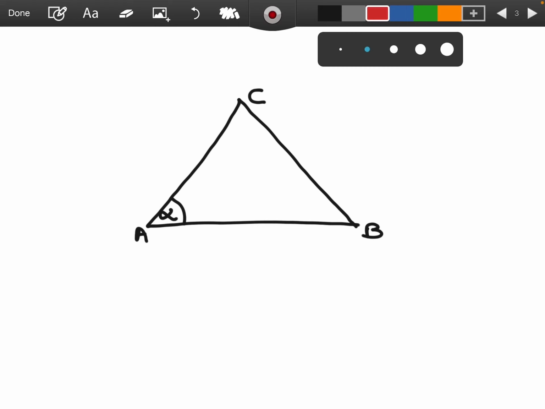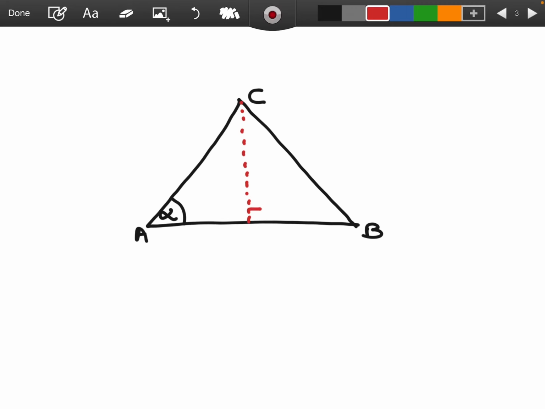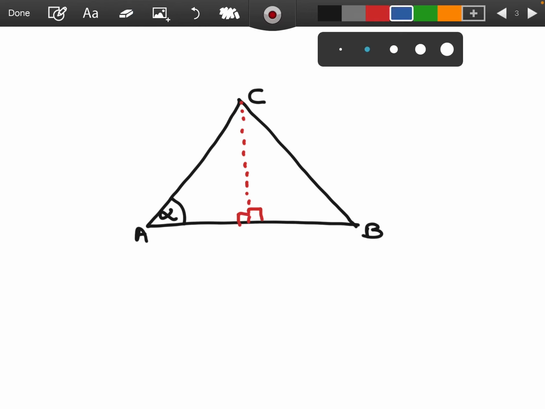Because this triangle doesn't necessarily have a right angle in it, I'm going to do the same thing that I did when I proved the law of sines. I'm going to create a right angle because then I know more properties of my trig functions in order to solve something with this triangle. So I'm going to draw a line down the middle there that joins that vertex C to the line AB. So then I know that I have right angles either side of that line.